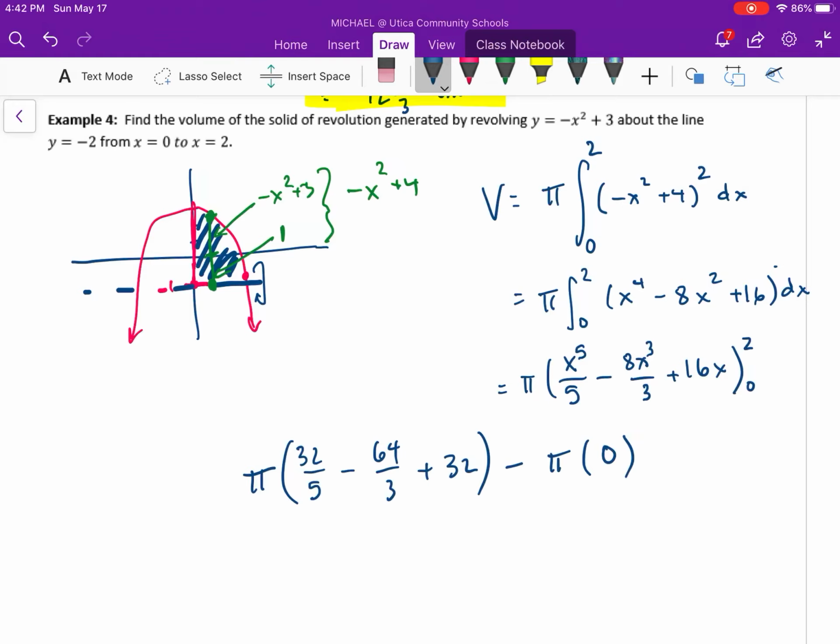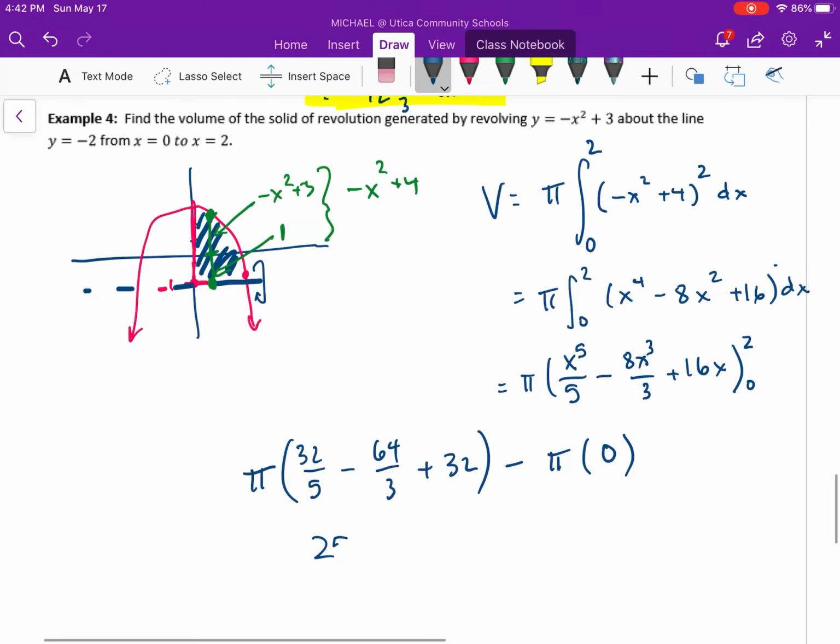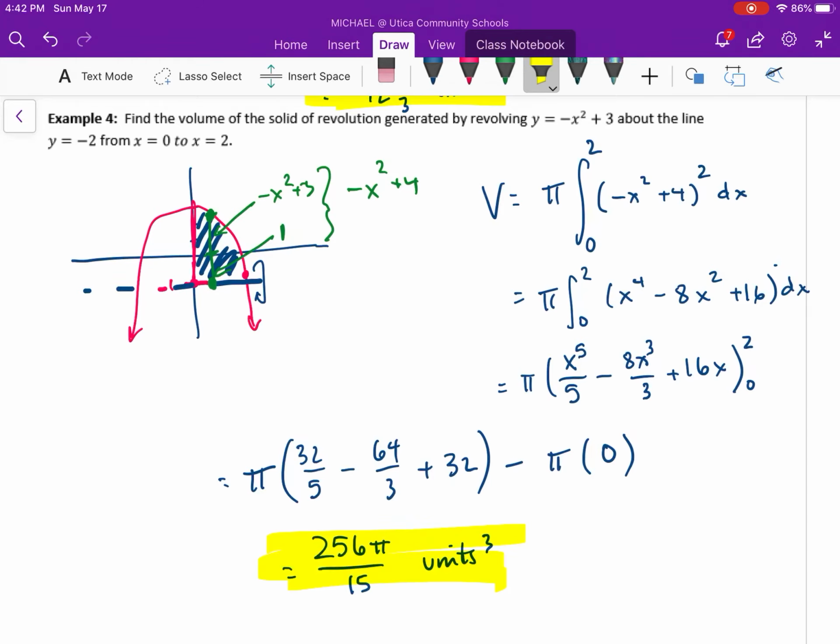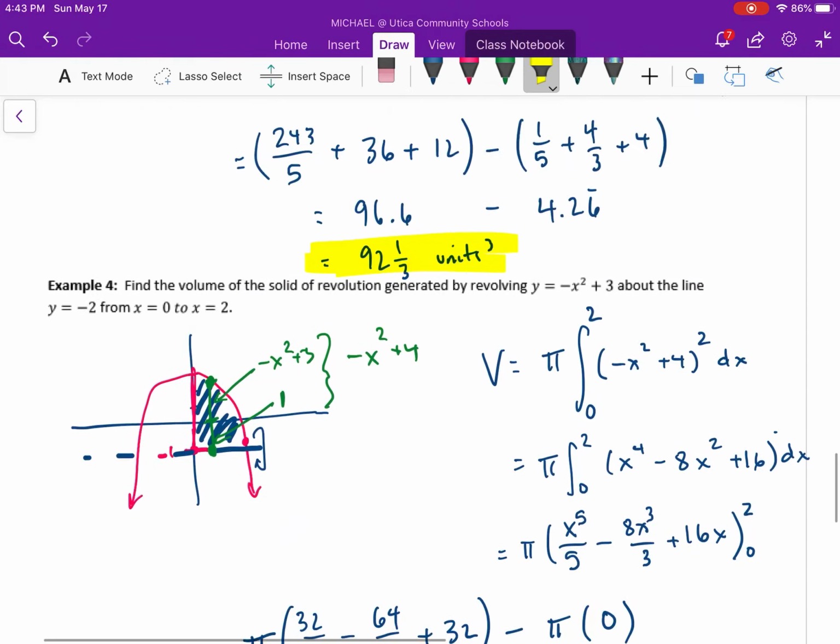Alright, so I'm going to use the calculator again to figure out these fractions, so I'm not wasting time. 32 fifths minus 64 thirds plus 32 is 256 pi over 15. Again, cubic units.